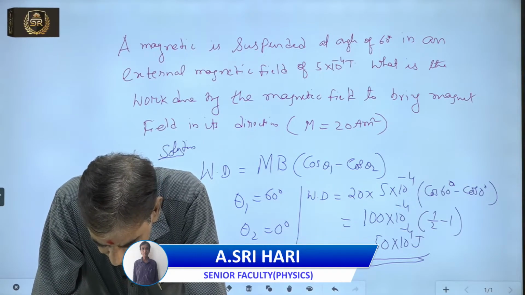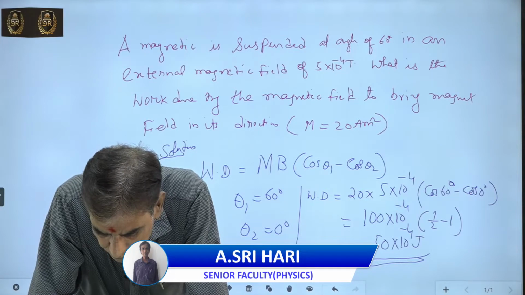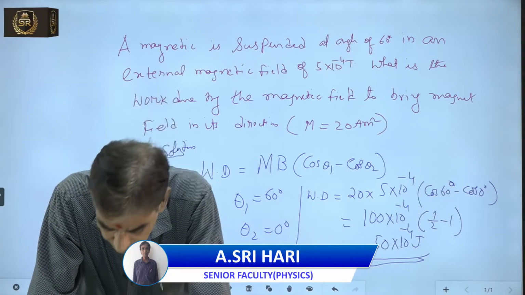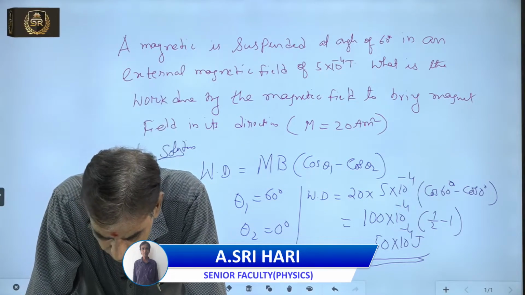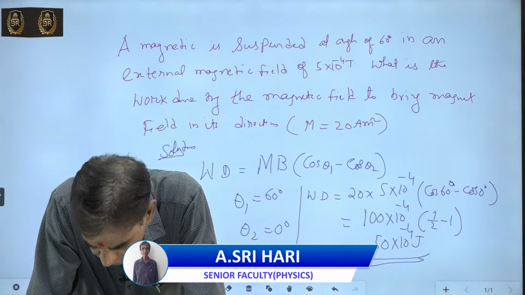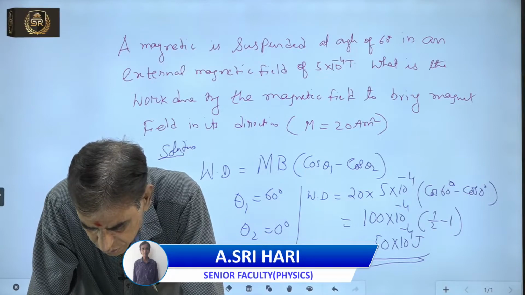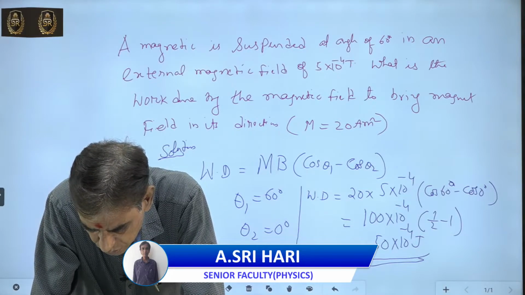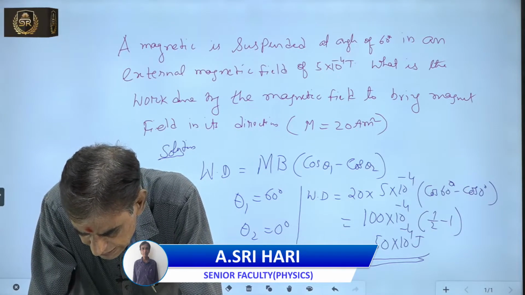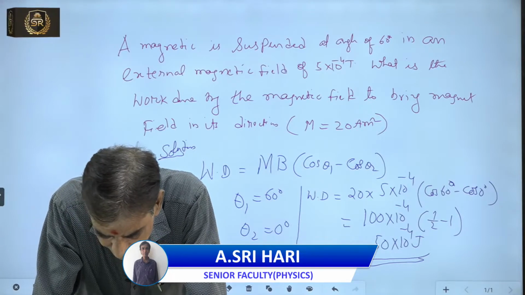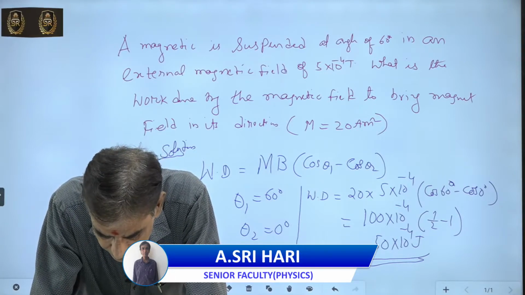one here: a magnetic needle lying parallel to a magnetic field requires W units of work to turn it through 60 degrees. Okay. Then see this.